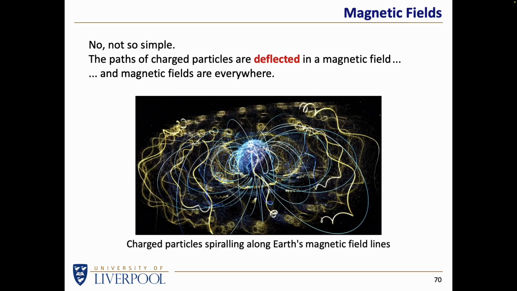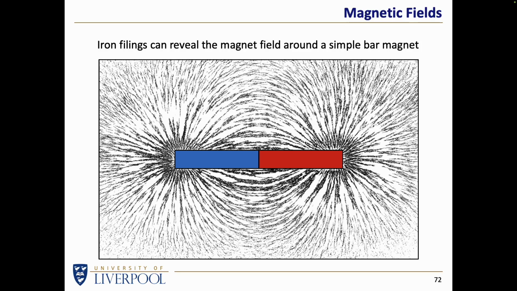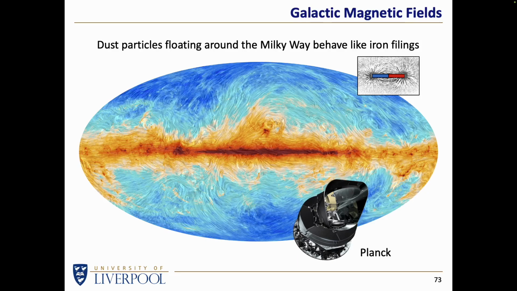Can't we say, let's work out where the magnetic fields are, and then correct for the fact that the particles are being deflected somewhat? We know how to work out where magnetic fields are in the laboratory. We just use iron filings, and then we say, yep, there are the magnetic field lines of that particular bar magnet. Surprisingly enough, we can do something very similar for our own galaxy.